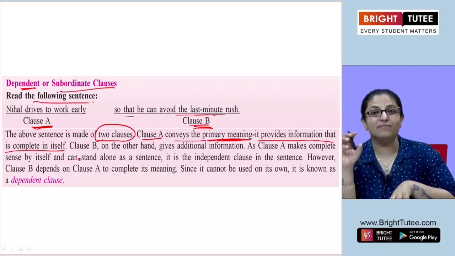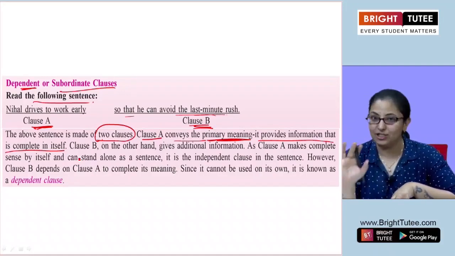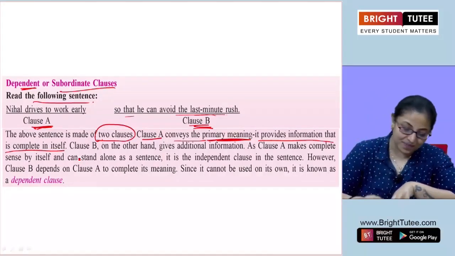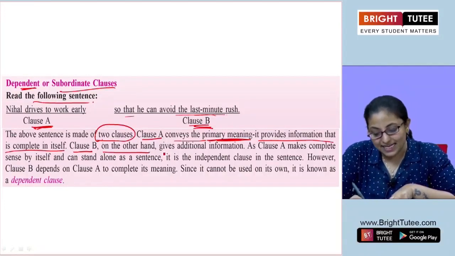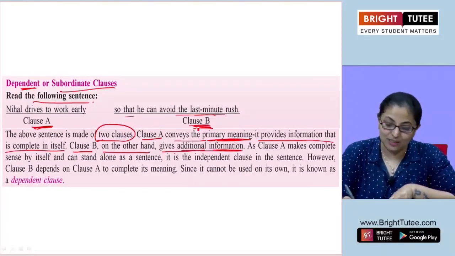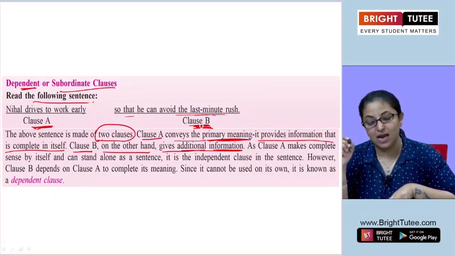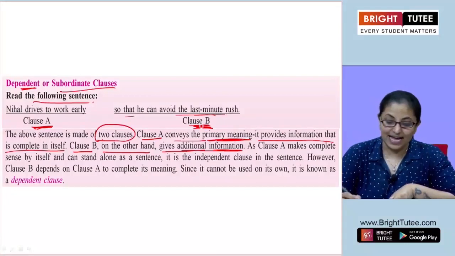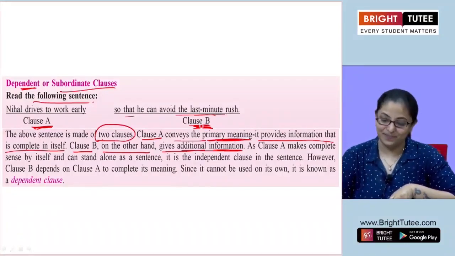This kind of information is the primary information and it is complete on its own, right? Clause B, on the other hand, gives additional information. Clause B, so that he can avoid the last minute rush, is providing the additional information.